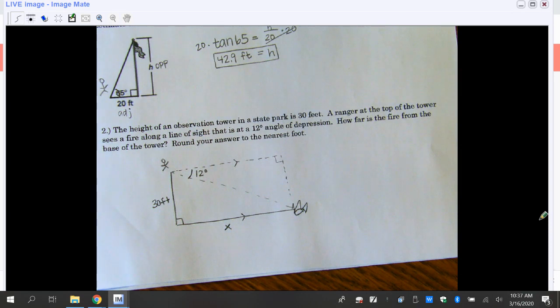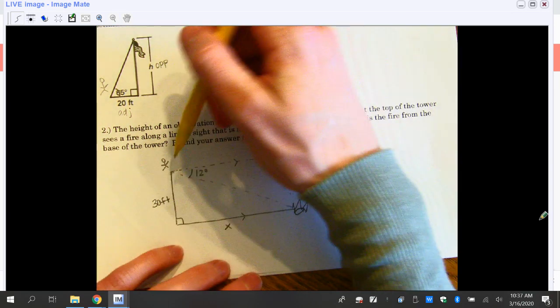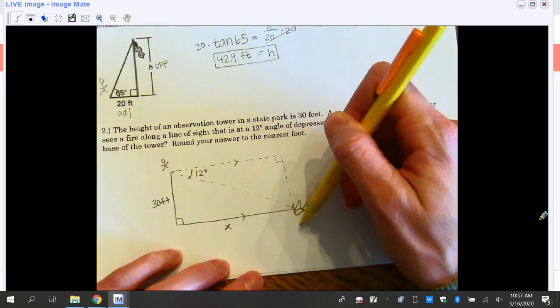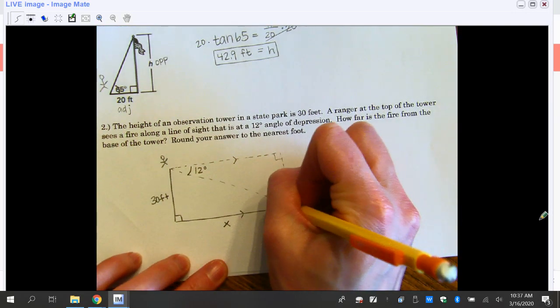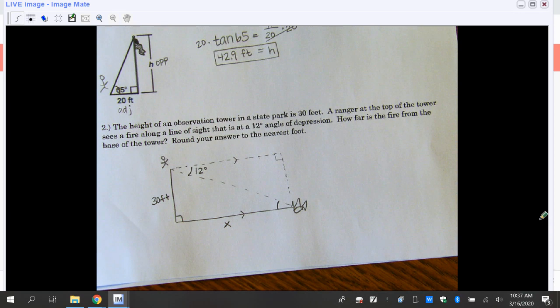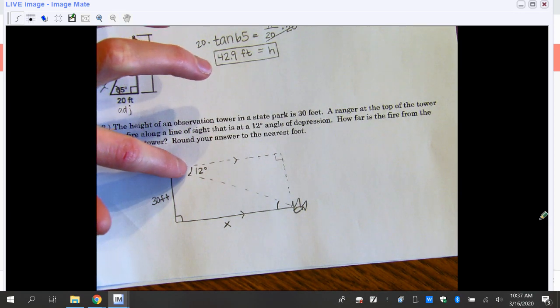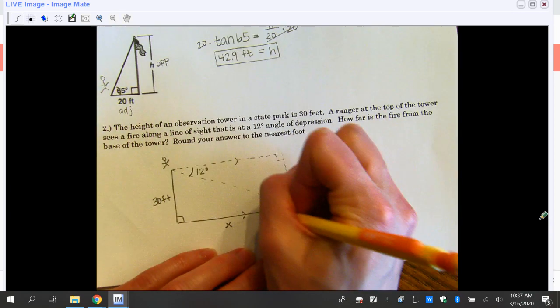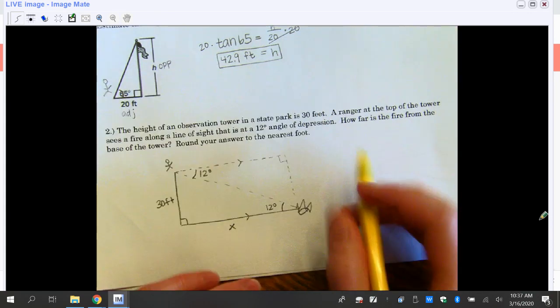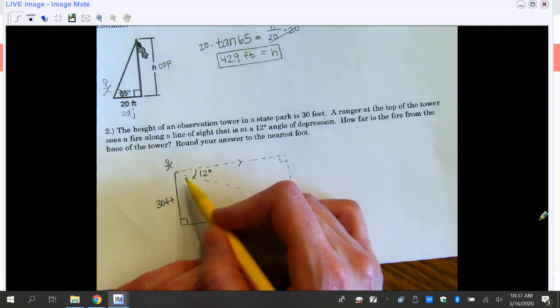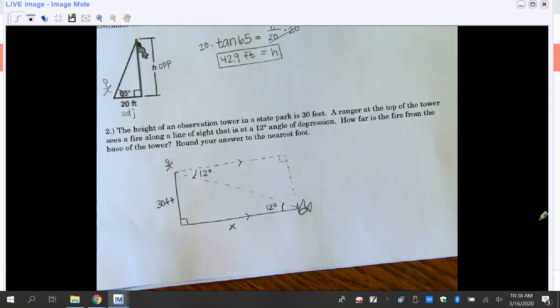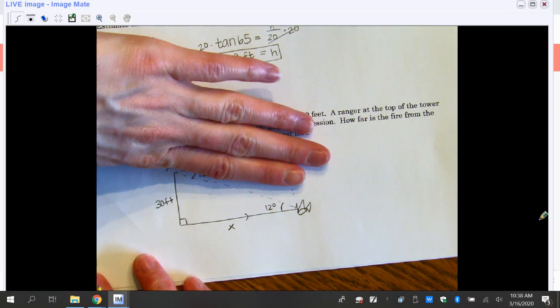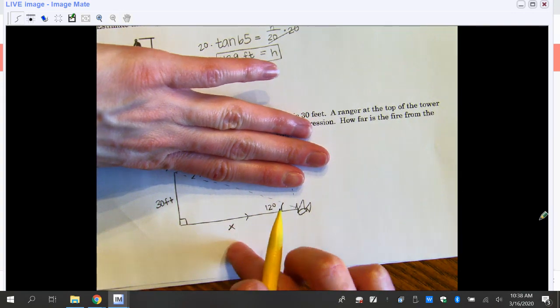And if two sides are parallel and they're cut by a transversal right here, that means that alternate interior angles are congruent. So if the angle of depression is 12 degrees, the angle of elevation from the fire going up to the park ranger is also going to be 12 degrees. So now we can use this information to solve for X.